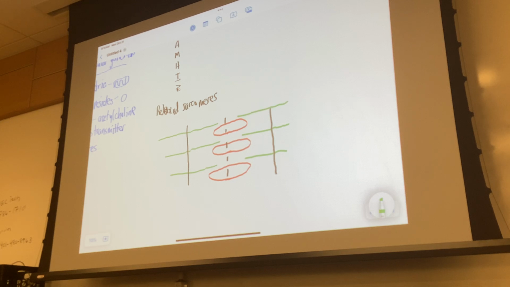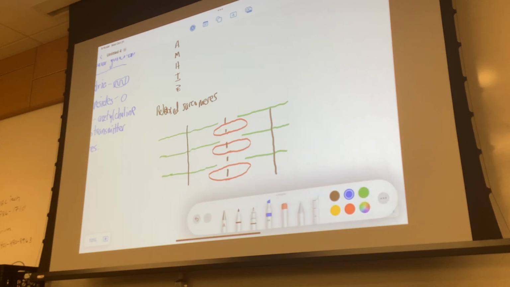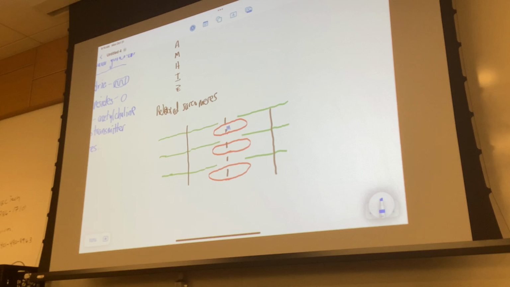It's reasonably accurate, but what the drawing here is meant to show is that the green lines are meant to be lined up vertically. The ends of the red lines are meant to be lined up vertically, so that there's this certain overlap right here.